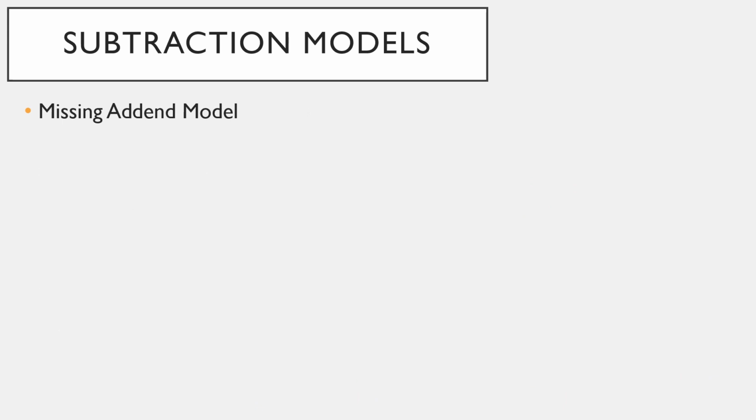All right, so the third subtraction model that we're going to look at today is called the missing addend model. I wanted to point out that this missing addend model of subtraction is part of the first grade Common Core standard. So this is taught even earlier than what we had originally talked about.